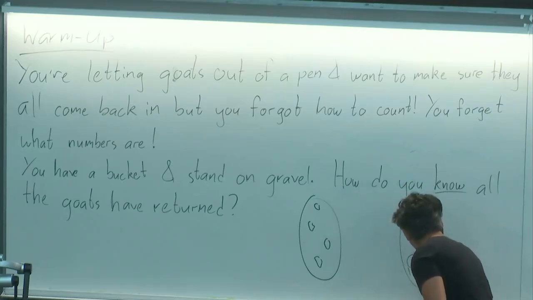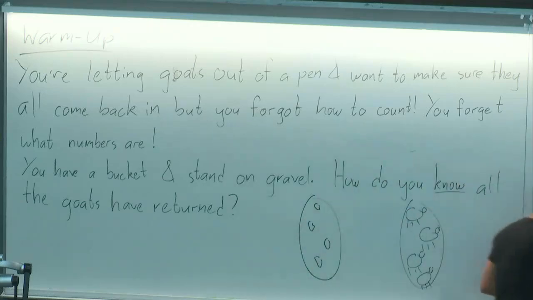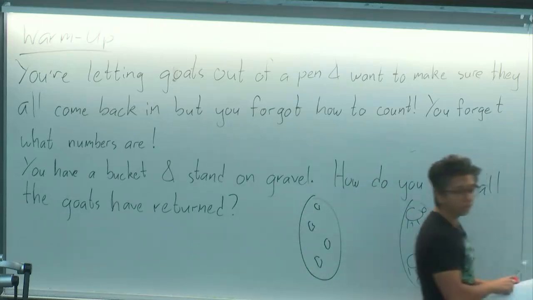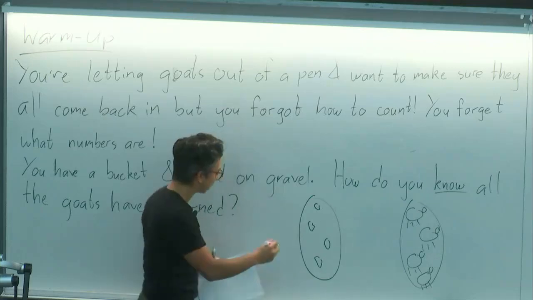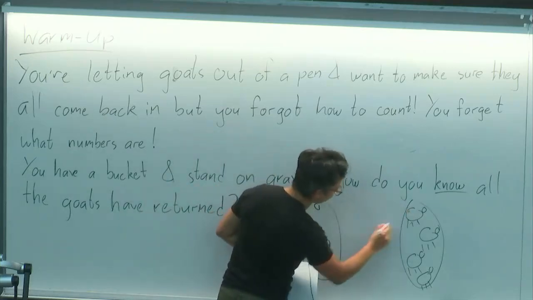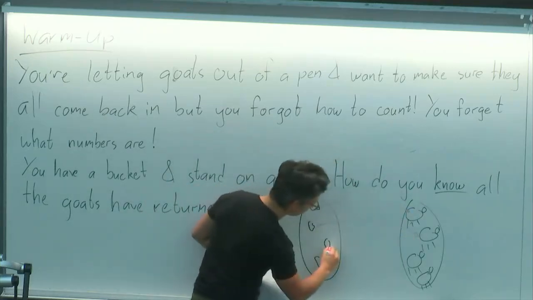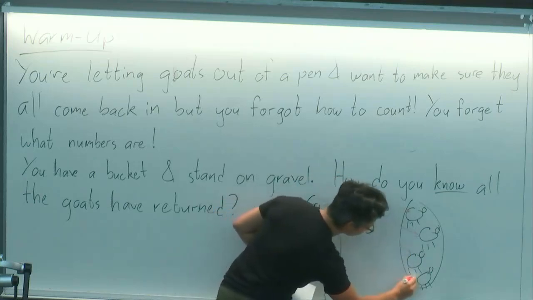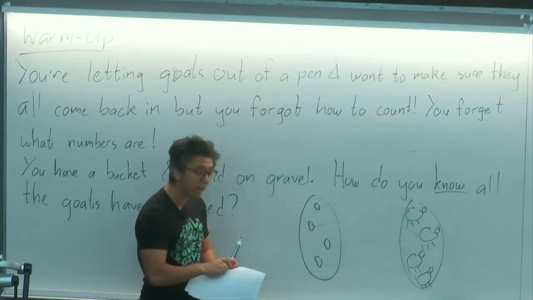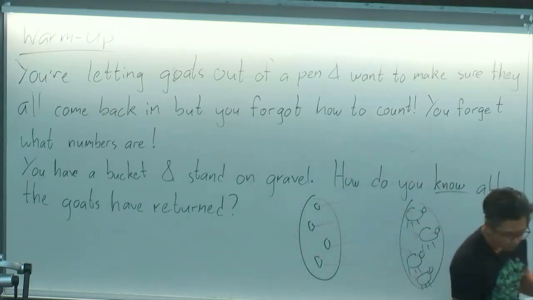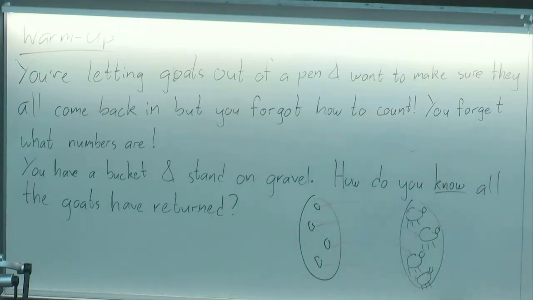But the point is, why does this work? It's because what you're doing by putting a rock in the bucket each time is you're making a connection. You're pairing each rock with a single goat. Because you draw this pairing, this connection, now you have this correspondence between rocks and goats.